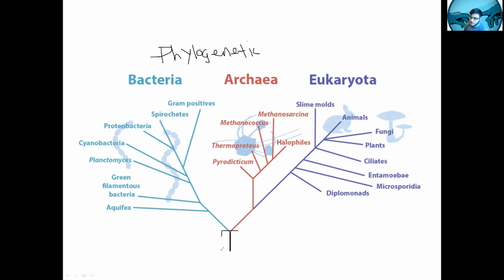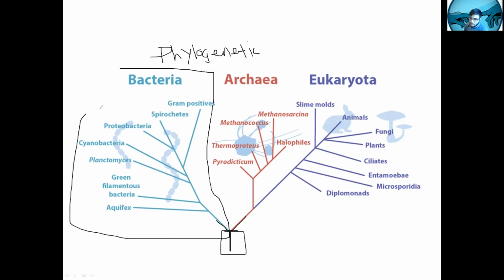So this was the starting point of all life, since this is talking about bacteria and eukaryotic cells, and then it branched out into two different things. This branch is known as bacteria, and there are many, many different types of bacteria you can see here that branched off this main line into specific subsets.